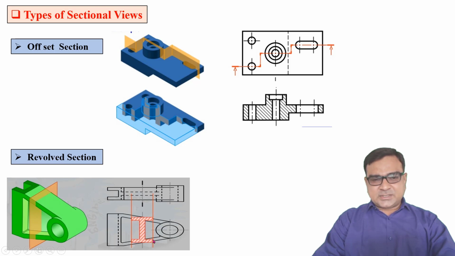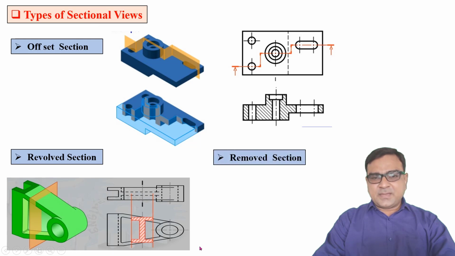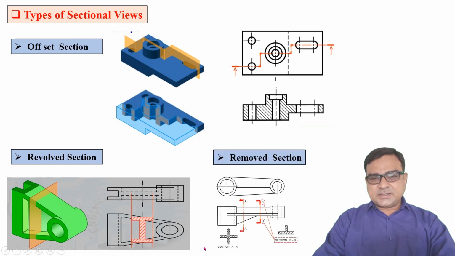So the I section is a revolved section for this particular part. And last, removed sections. If we remove the cross section from this cutting plane and show it outside as a separate section, then this type of section is known as a removed section.